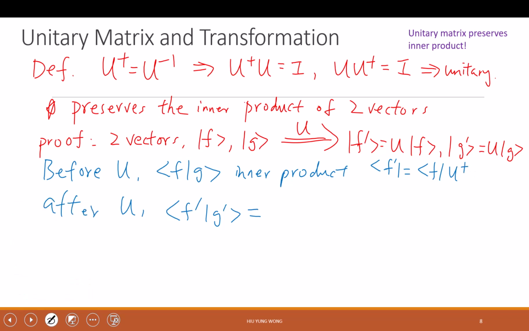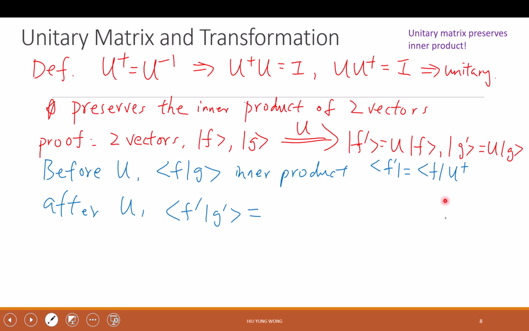Do you recall this equation we learned last time? Maybe you forgot, but you should feel that it makes sense. Because U times a column vector is your image, it must be a bra for sure, right? Because it becomes a row vector, you must put the matrix on the right-hand side. And then because we're doing the dual space, it's U dagger, right? Transpose with adjoint.